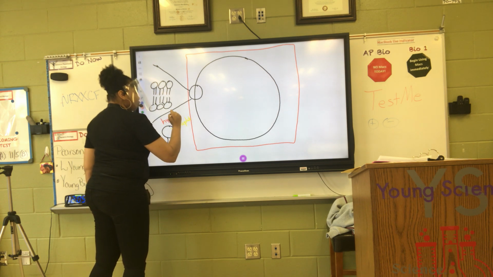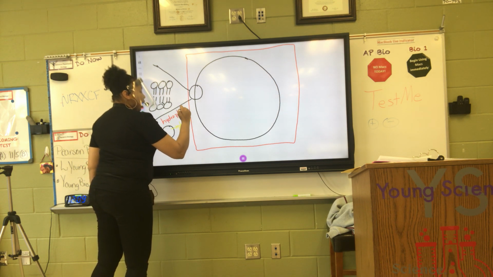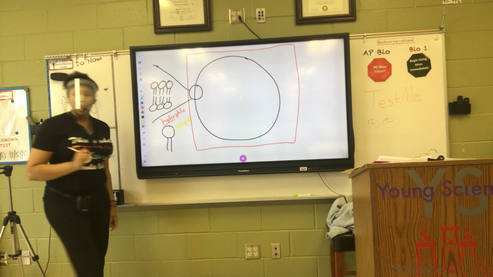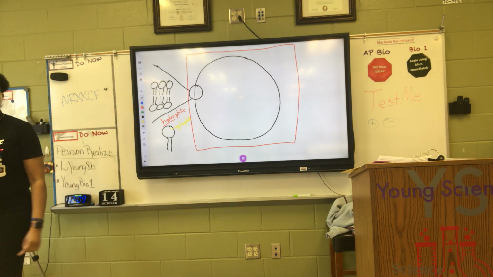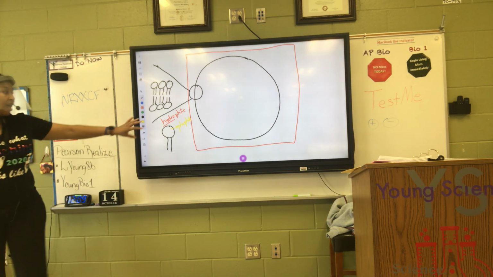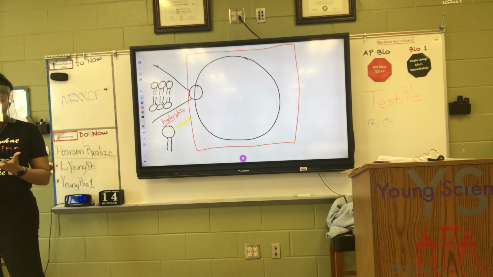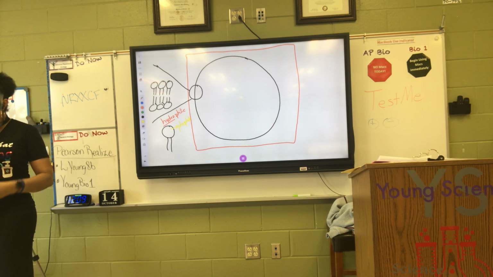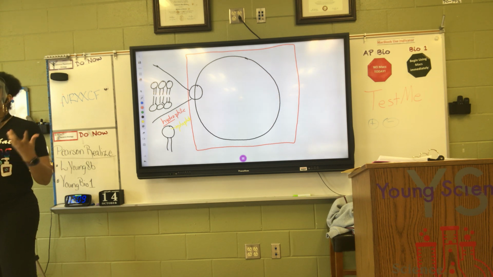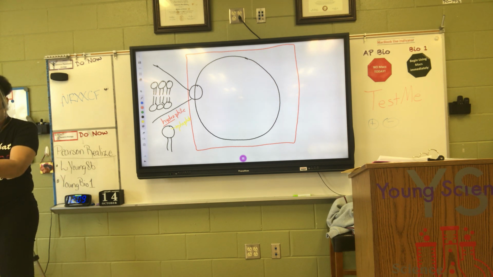Okay, hydrophilic. Hydro means water, and philic means loving. So the head of this molecule, because phosphate actually carries a charge, and water is polar, and polar means that water carries a charge. And like dissolves like, okay? So if I have a charge and you have a charge, then we cool. Y'all got it? Got it.